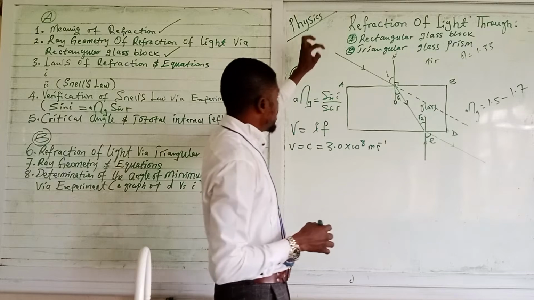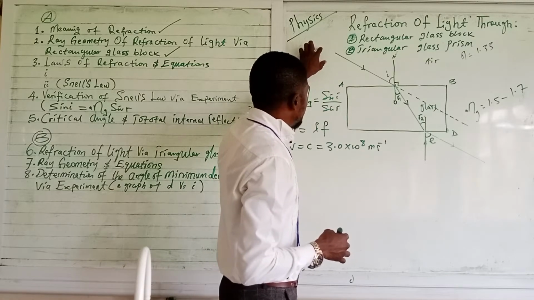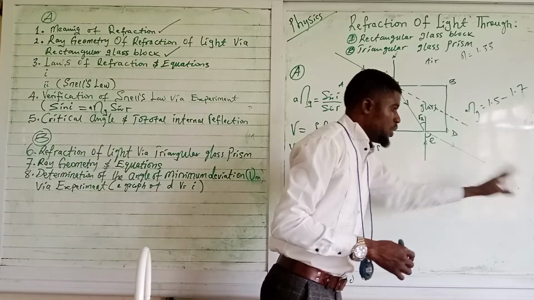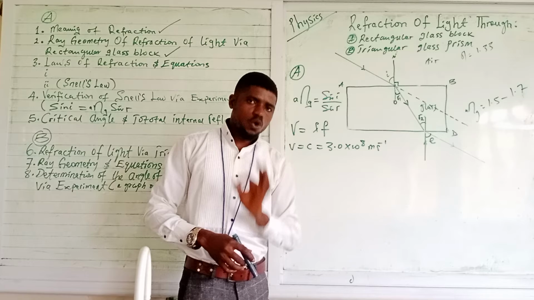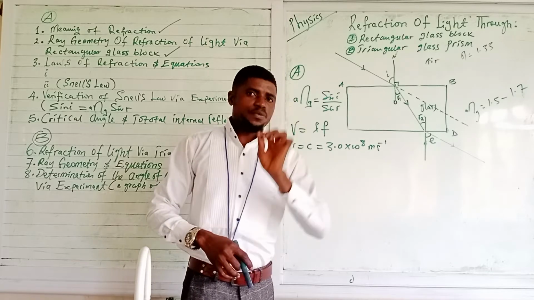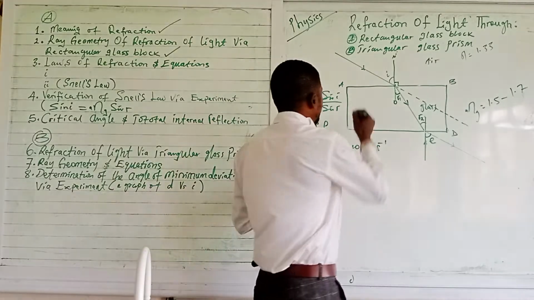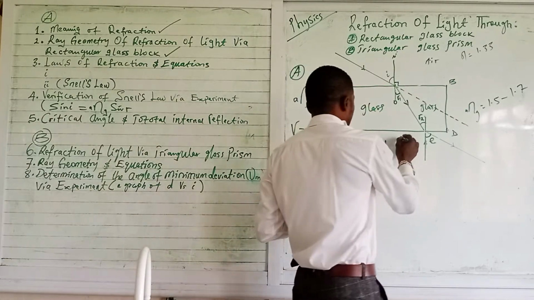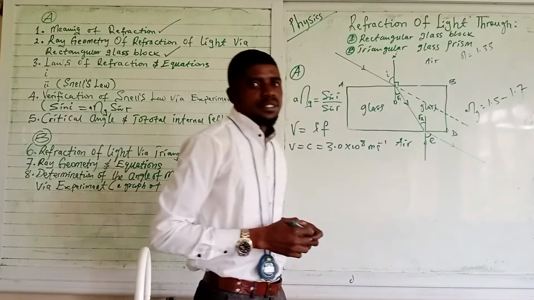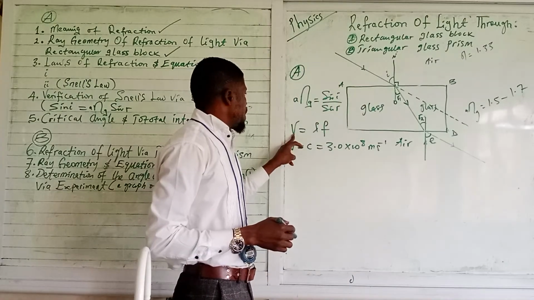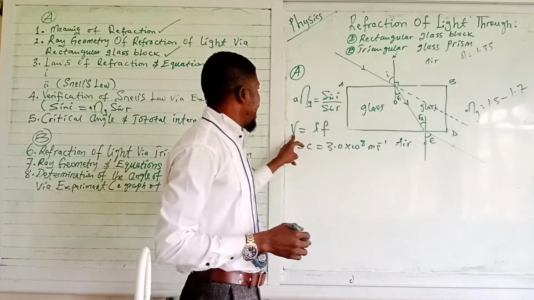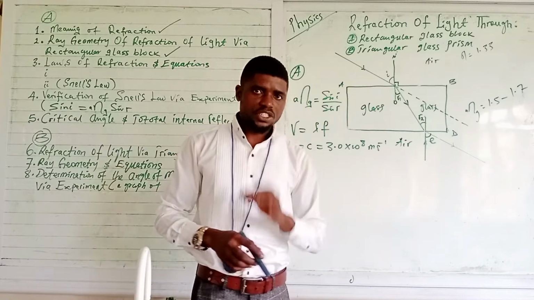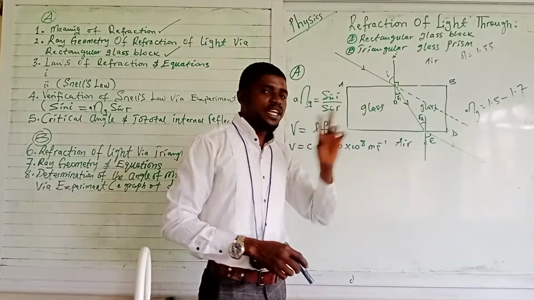So this light is traveling from this medium with the speed of light, enters this medium, and then goes out. Now, when a ray of light travels from one medium to another, the speed of light and the wavelength of the ray will change because of the different densities in the two media.